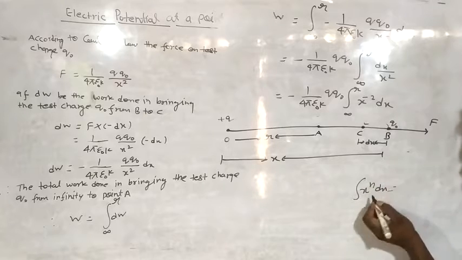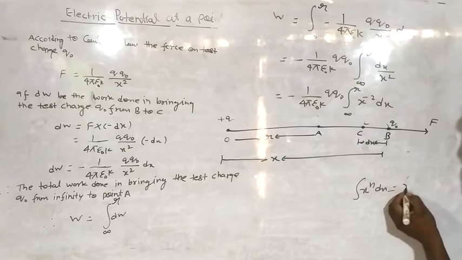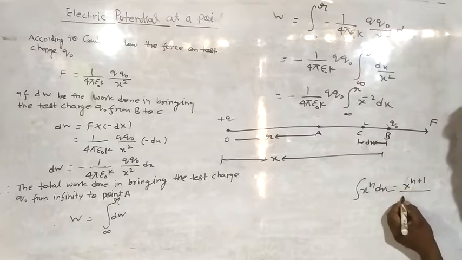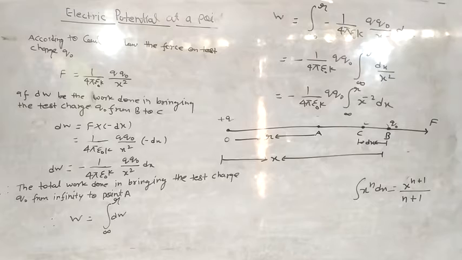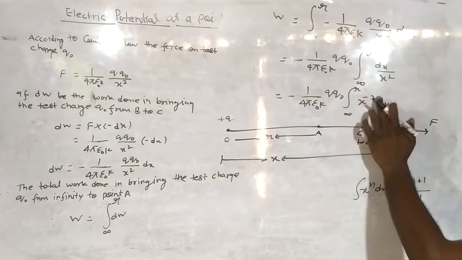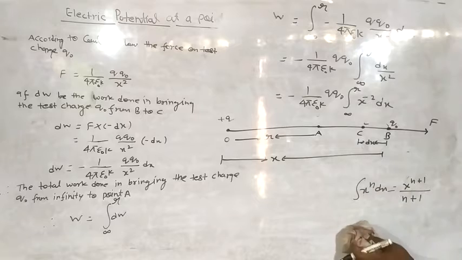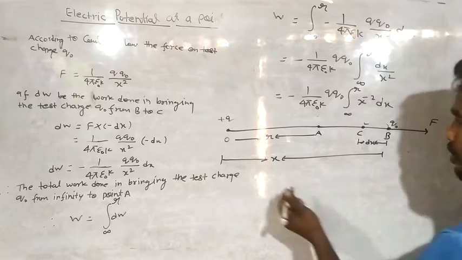Add one to the power n, giving x to the power n plus 1, and the same thing will be written downward as a denominator. So using this formula, here power is minus 2, so we add 1 and the same thing is written downward as a denominator.